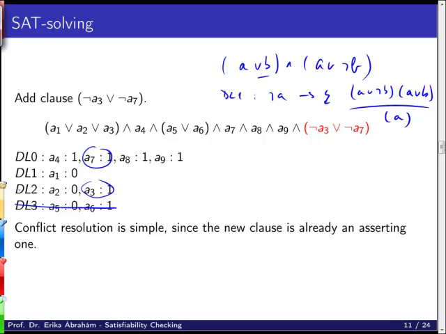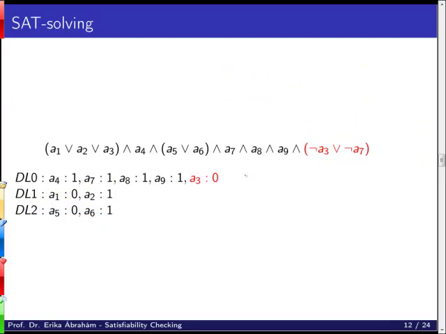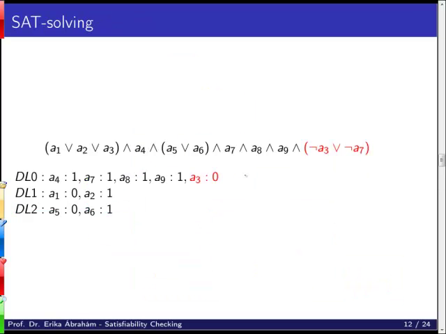So what I do is I just backtrack, and at this level I will use my new clause for implication, so for not A3. Sorry, these should not be here. They are undone.